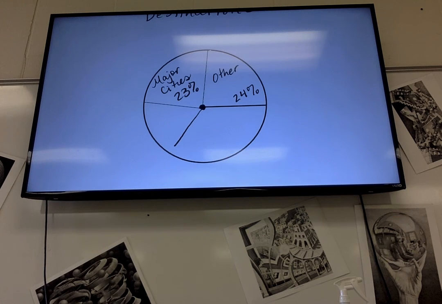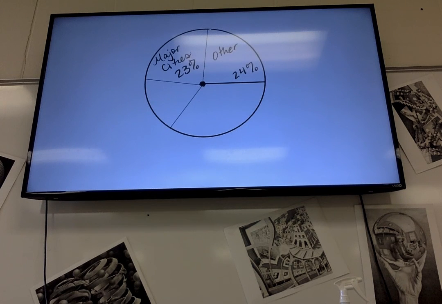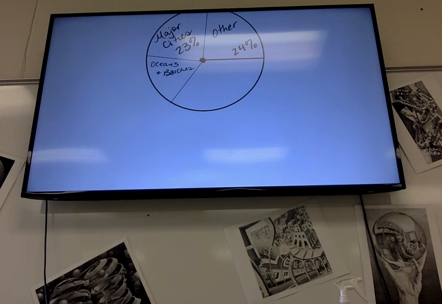Probably not even that. That's that one. And that was oceans and beaches. Yeah, it was 20%.